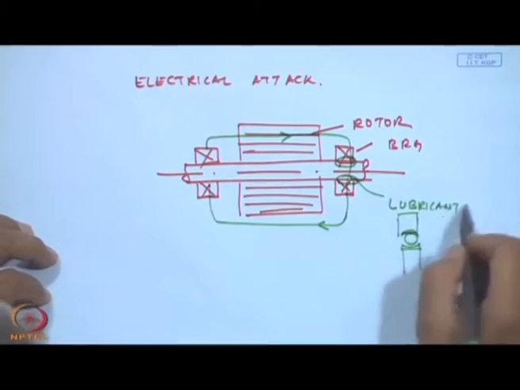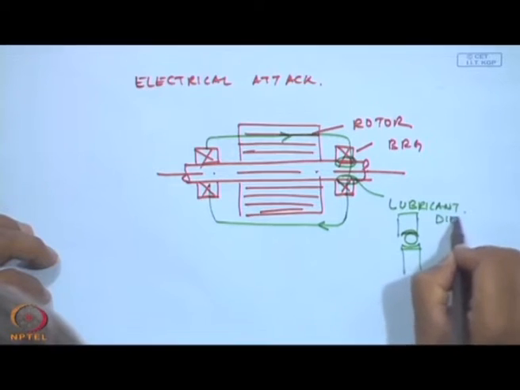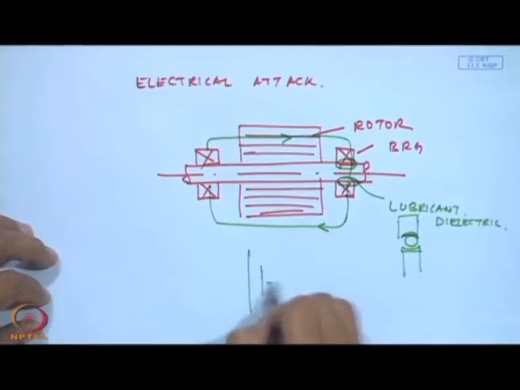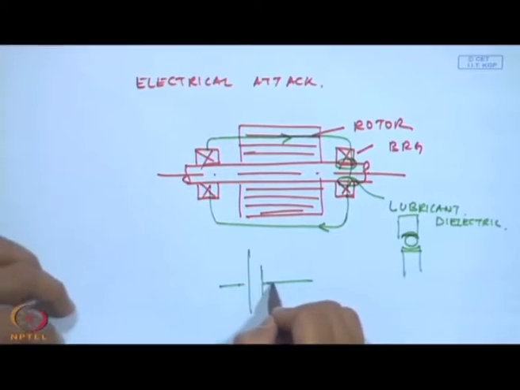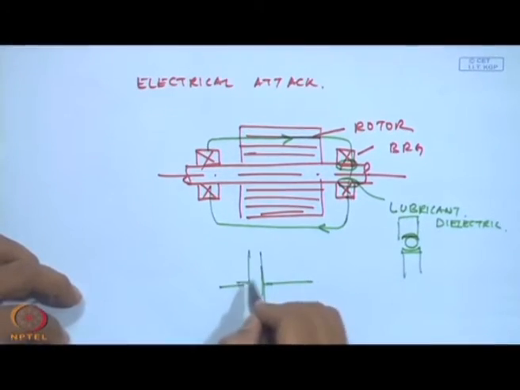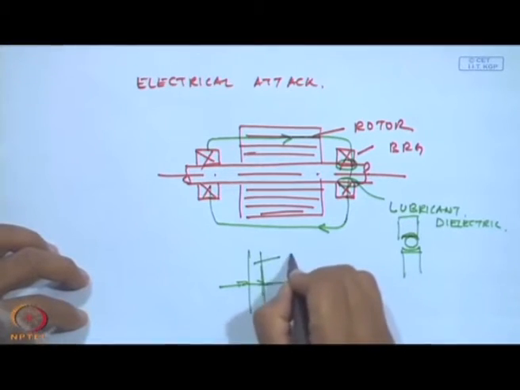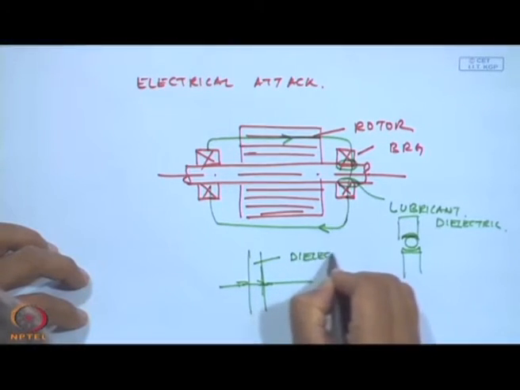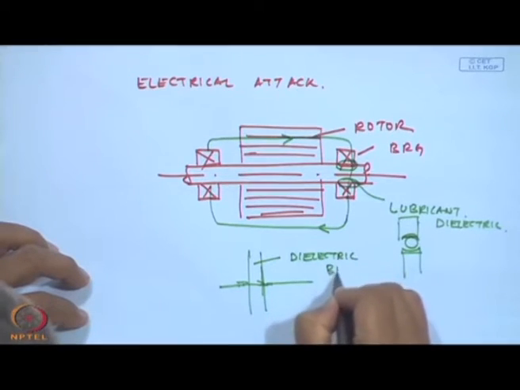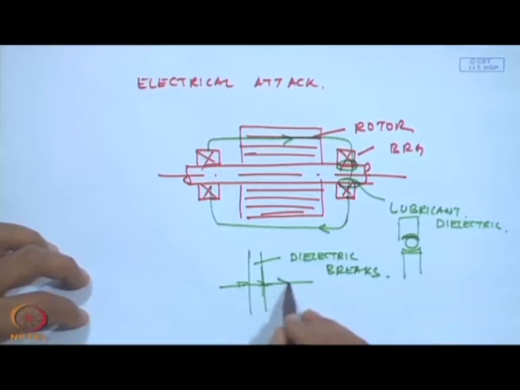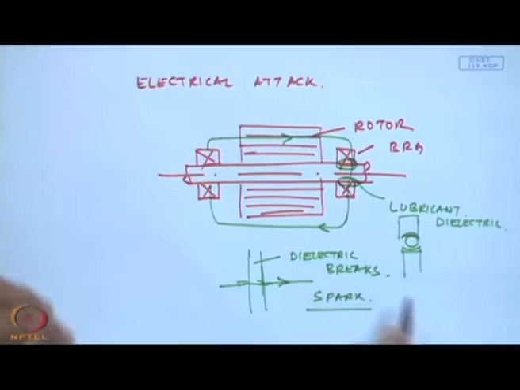Okay. And this actually is a dielectric. So, when I am bringing in a voltage across a capacitor, okay, and this is the dielectric, if this dielectric breaks, this voltage is going to get passed through. Okay. So, this intermittent passing of this EMF will create a spark, because there is a potential.